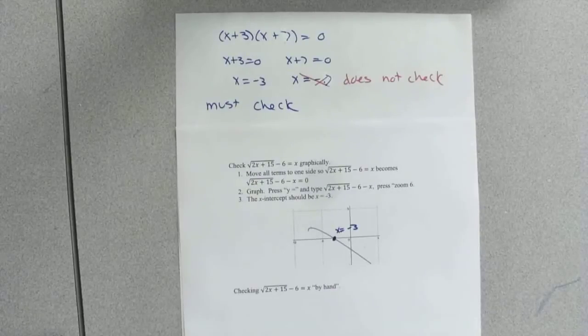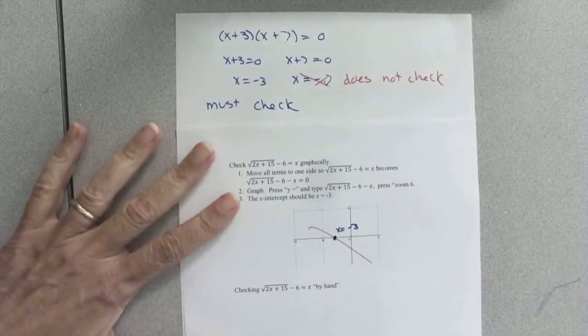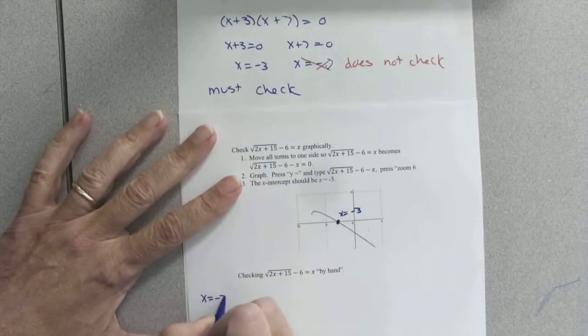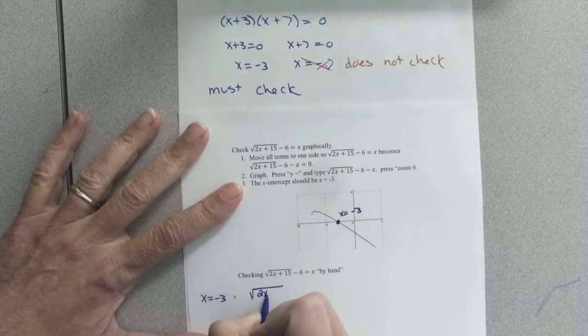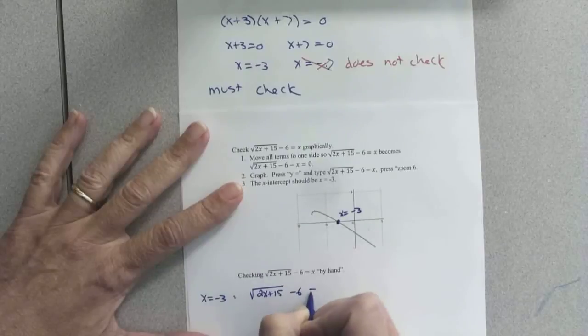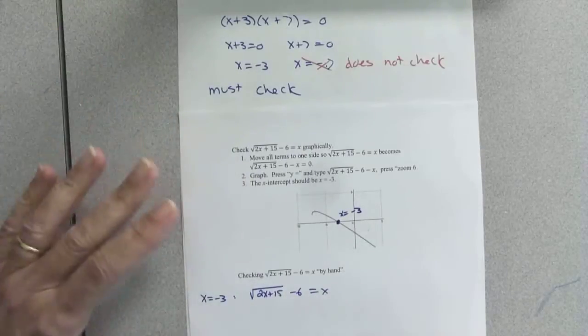So there's checking it graphically. Now, what if you don't have a calculator or you hate checking things graphically? Let's do it by hand. Let's check x equals negative 3 by hand first. So I plug in that negative 3.